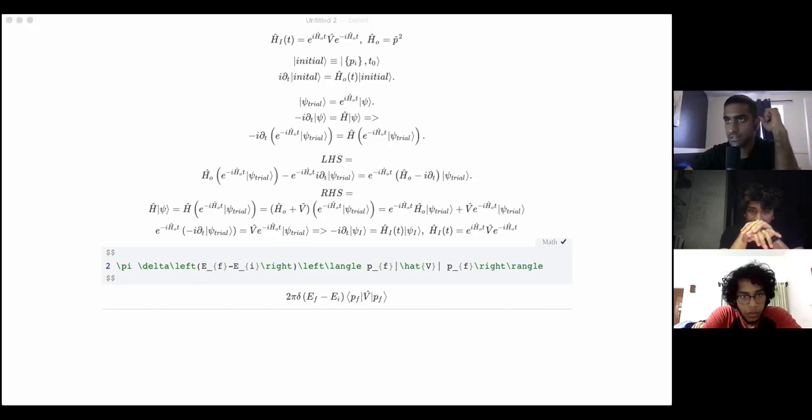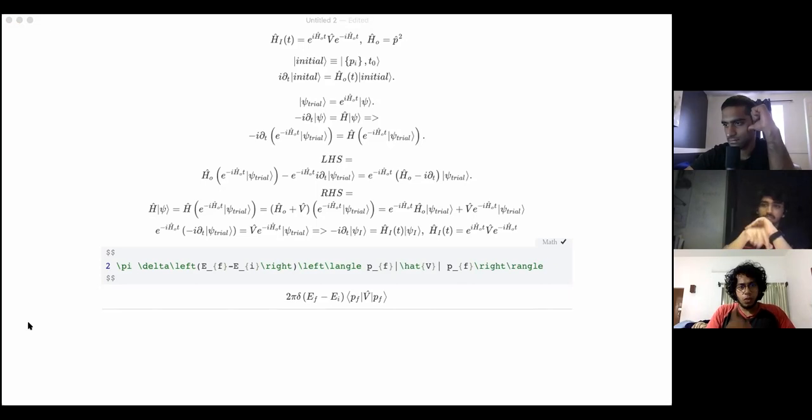It's the first term in the expansion of the time-ordered exponential, right? It's wedged between two states. The right hand side, which is the sandwich between the P_f, is equal to one.